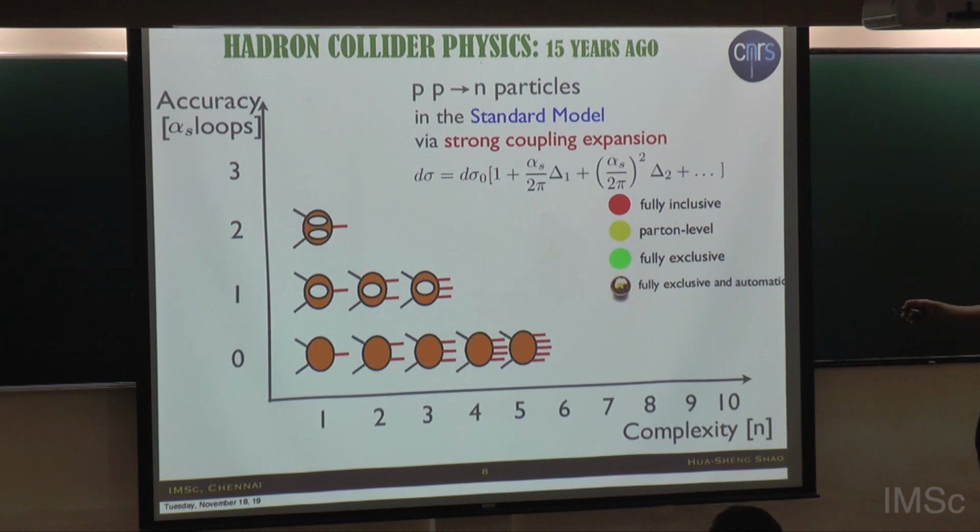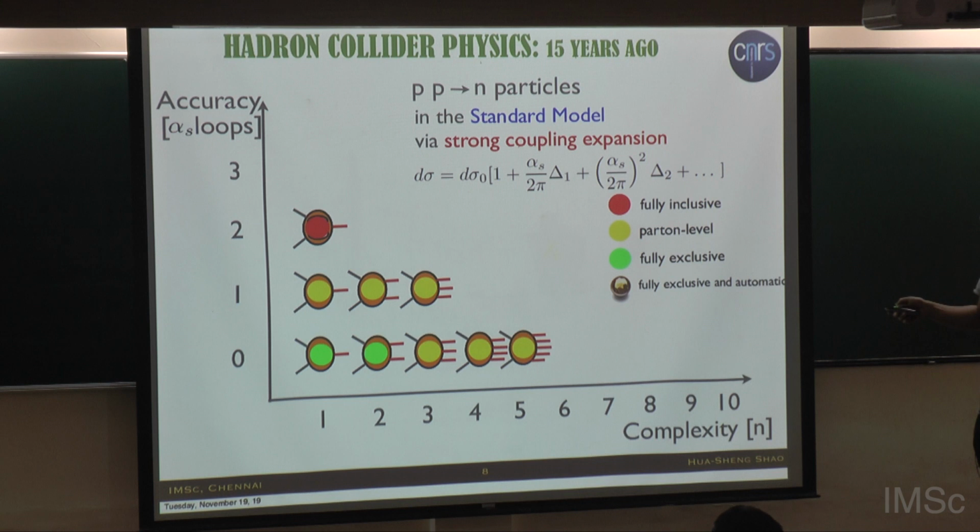And for the fully exclusive, automatic means that in the old-school fashion you did one process by hand. And right now, of course, merged up to next to leading order, you can do it without hand calculations, just with computers, with a few buttons.